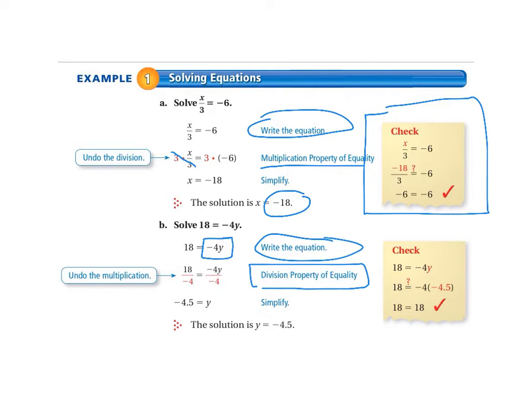So 18 divided by negative 4 equals negative 4y divided by negative 4, and negative 4 divided by negative 4 equals 1. So that leaves us with a y on the right. So our solution is y equals negative 4.5.